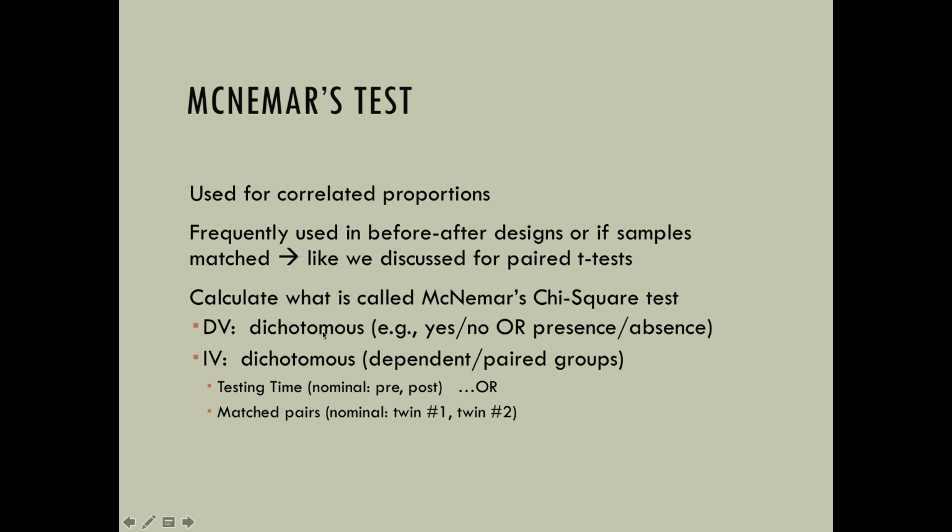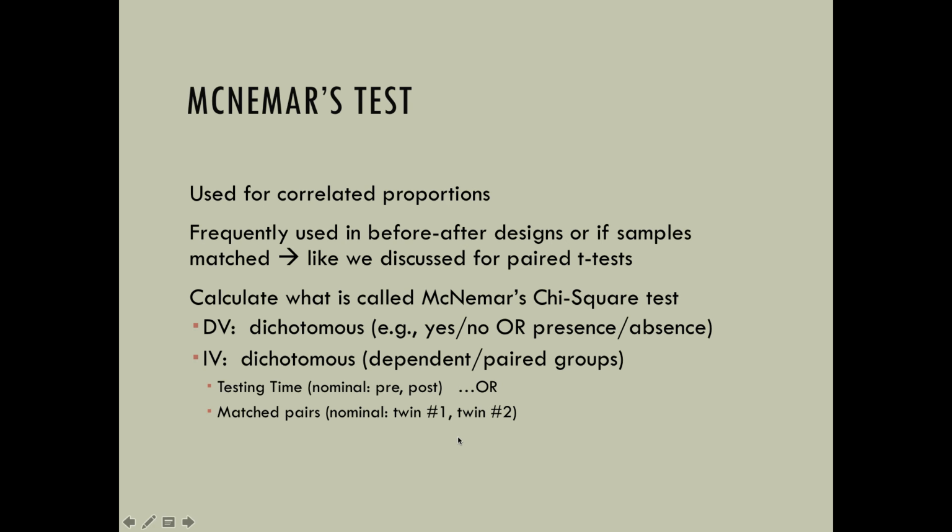So the DV is dichotomous, so they're either yes or no, and they either have or don't have some characteristic that you're looking for. And then the IV is paired groups. So testing time, pre to post, 2010 to 2015, things like that. Or matched pairs, which again, I won't make you do in this class because it gets really confusing.